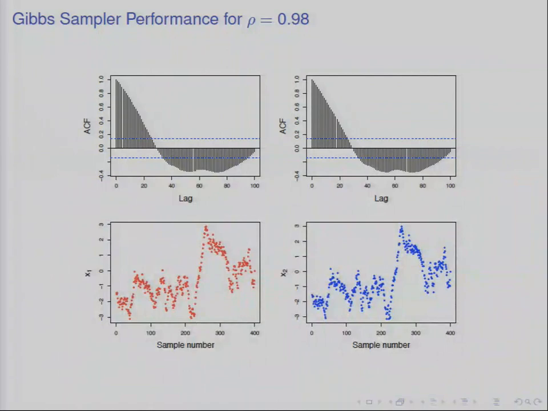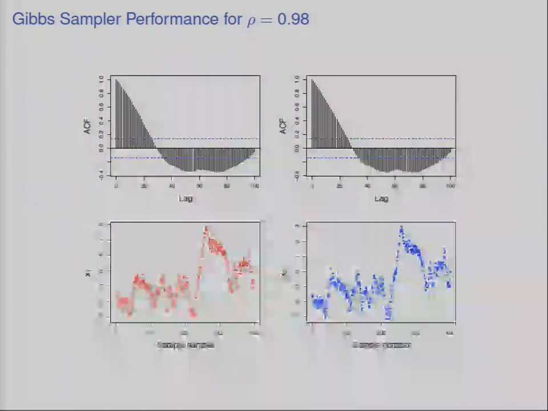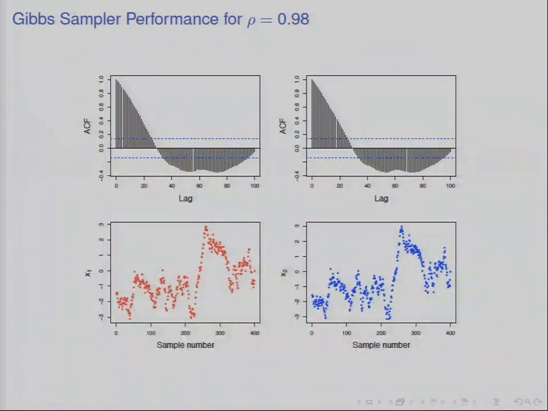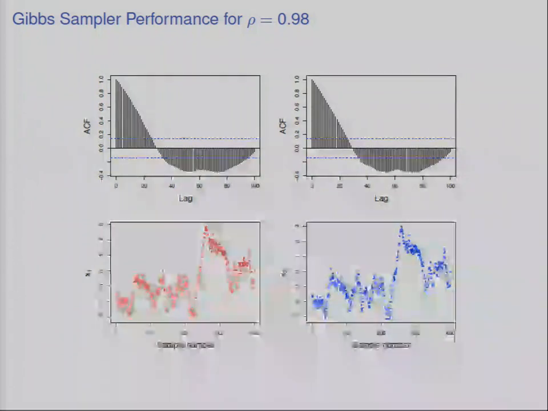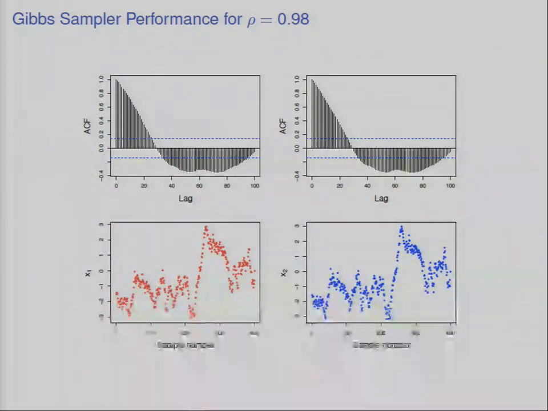Now remember our Gibbs sampler. I told you we were all convinced that it was doomed. Well, here is a nice sample path for the two dimensions of this bivariate Gaussian. Now the first thing you can see is that both of them are highly correlated, and you can definitely see that this is very much transient. This hasn't converged at all.